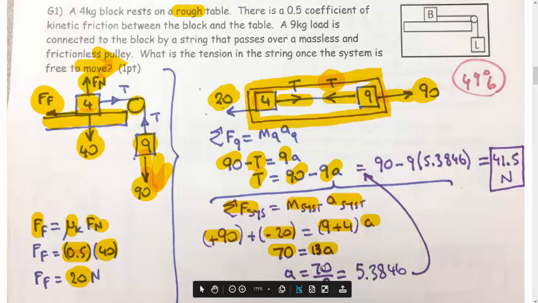So I get 70 over 13, so my a equals 5.3 something. I substitute in, I do my math. So can you see how the math is actually the last step? It's what math you do that is the right step.